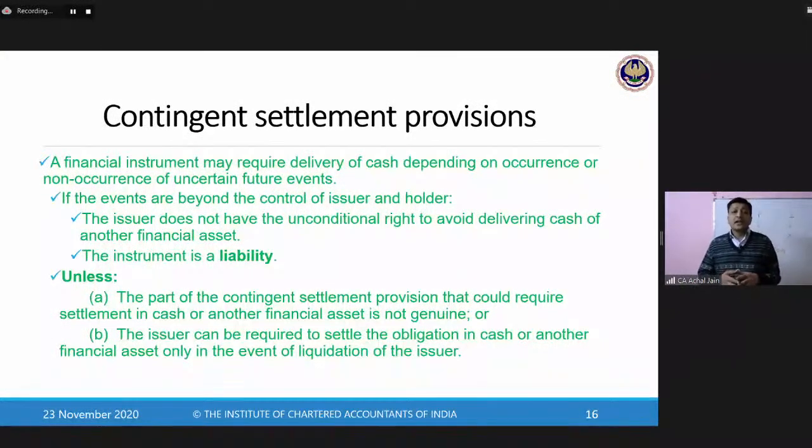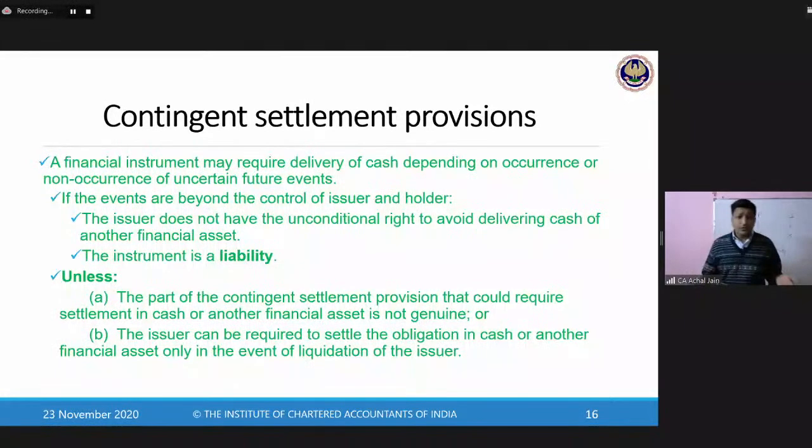And when we say there are certain provisions which exist in the contract, and which are beyond the control of either the issuer or the holder or both, such provisions may require the issuer to pay cash.